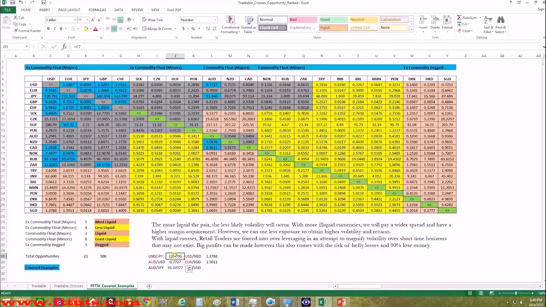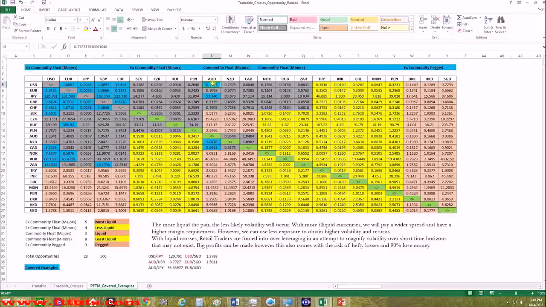Now the cells we referenced were C7, so column C, row 7, and we took the US dollar Japanese yen rate and referenced L5, so column L, row 5.